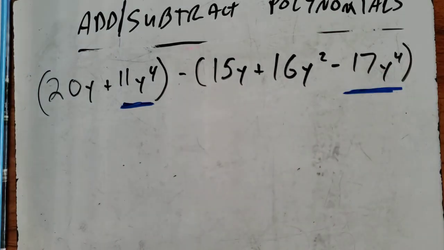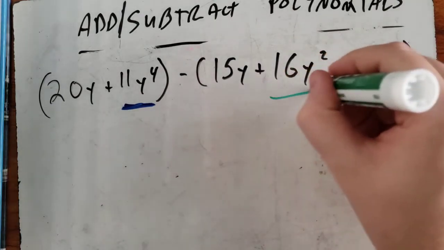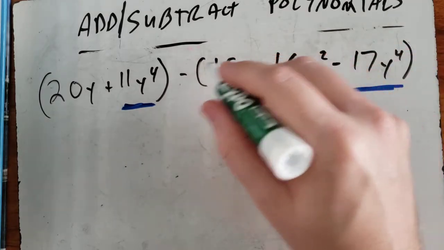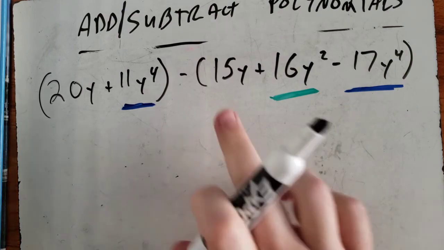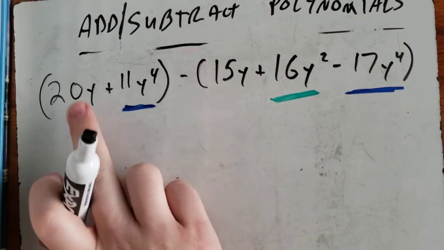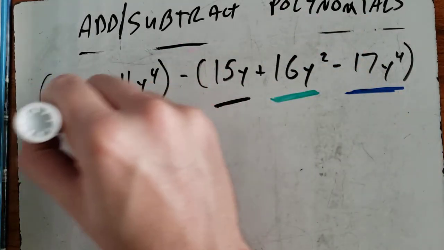And then our next highest one is 2. There's no other ones with 2, so that's our only one with the square. And then our last terms, we have y's by themselves, so that's going to be our last term here.